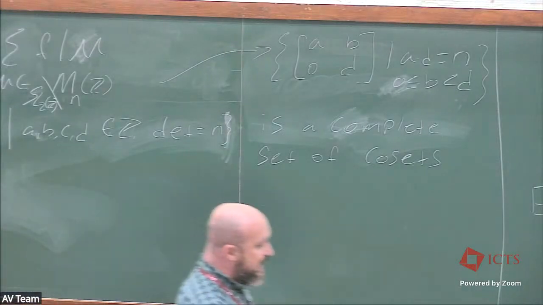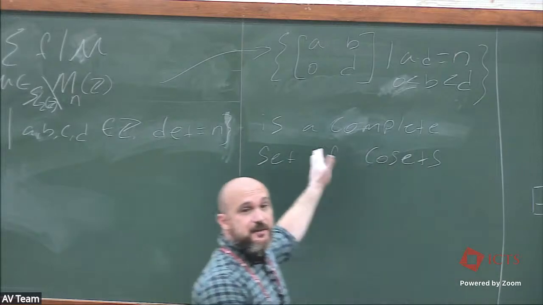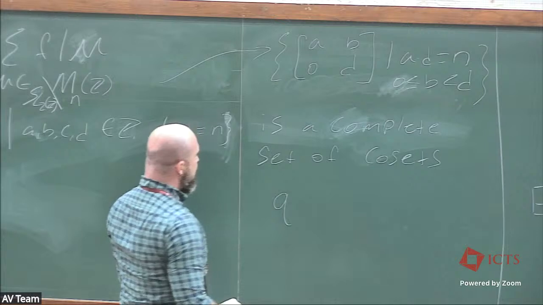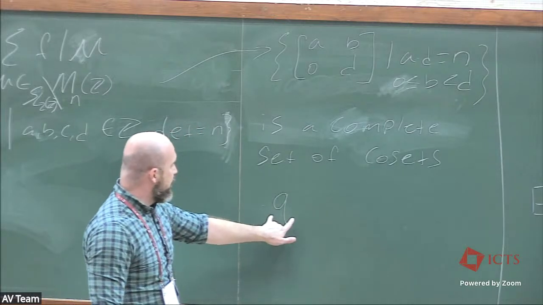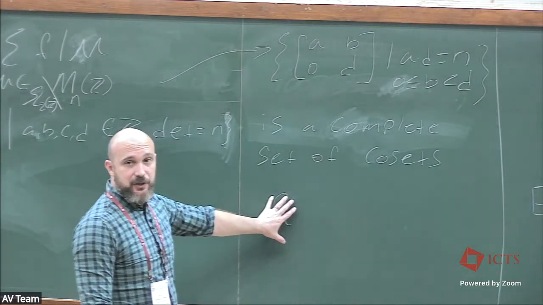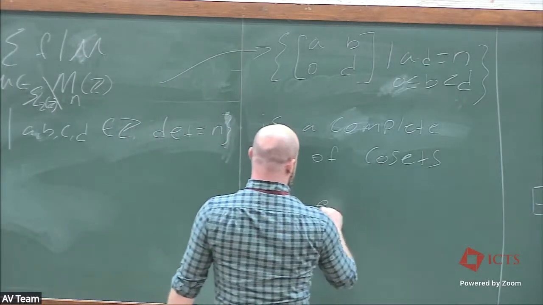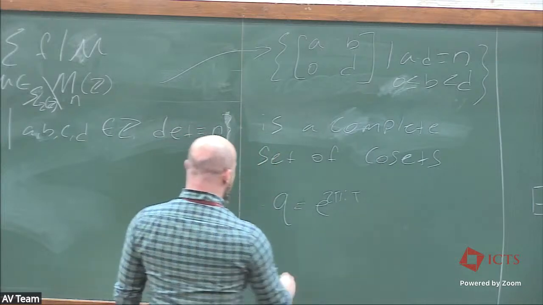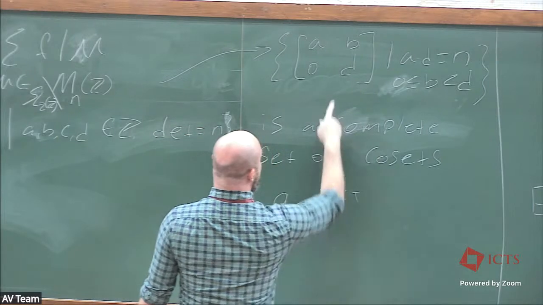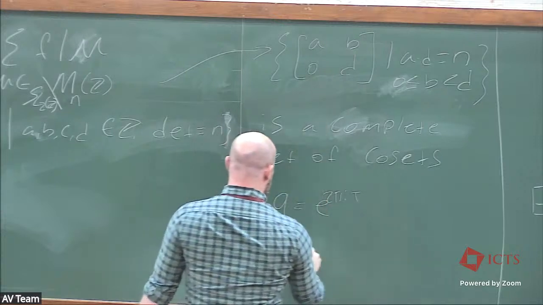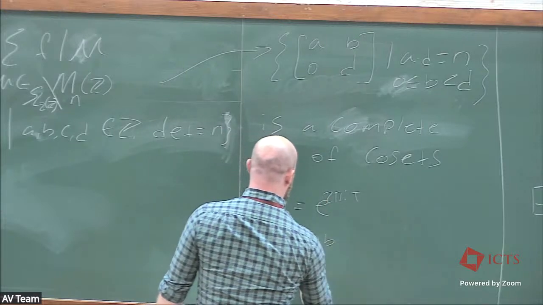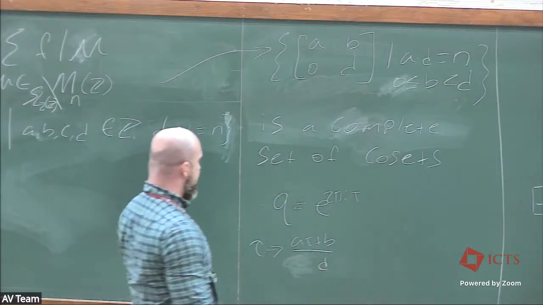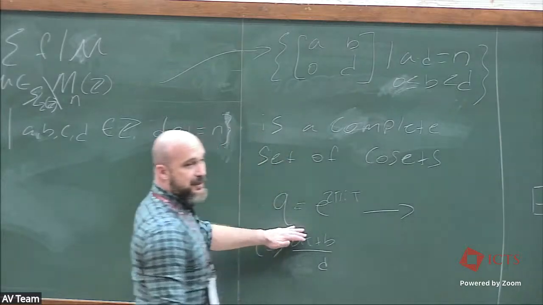Now the reason why we like this particular choice of cosets is that these are upper triangular. So if I take a matrix, or let's just work with q, the function q, again, this is e to the 2 pi i tau. Now let's send tau to its image under this matrix, so tau is going to go to a tau plus b over d. What happens to q?